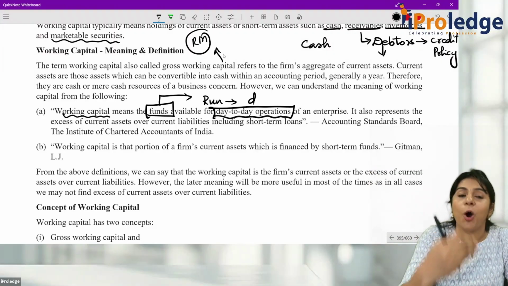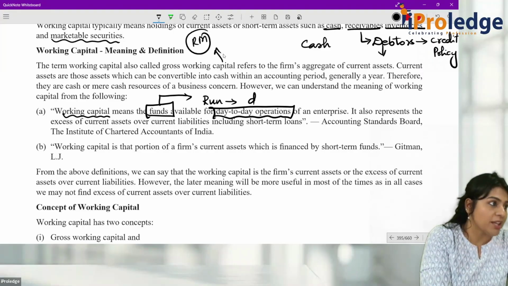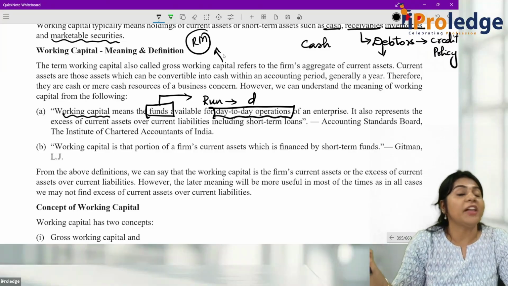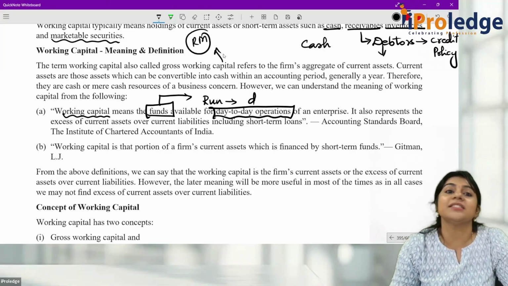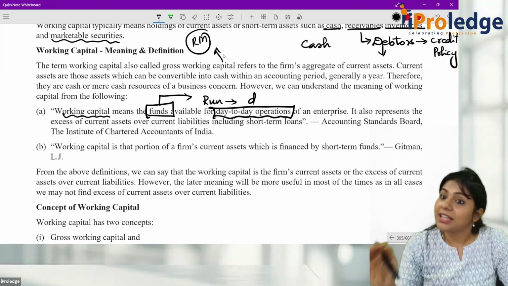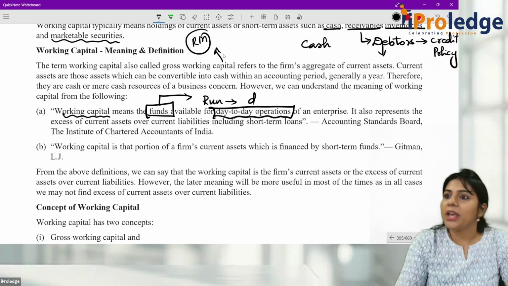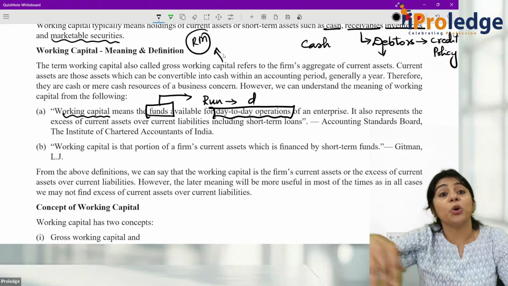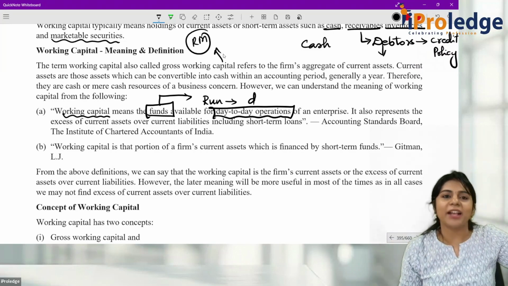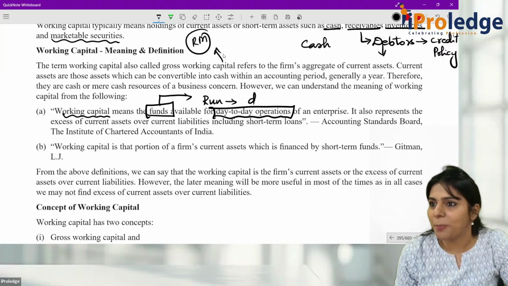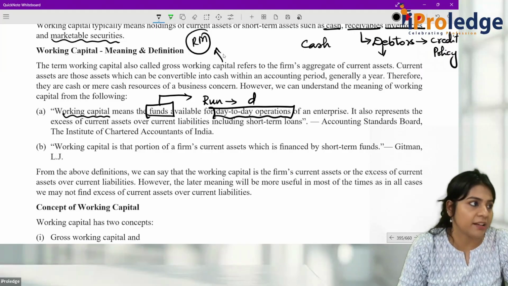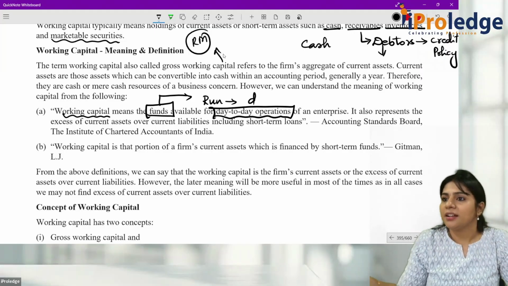So these are the kind of offers they very cleverly give to us. We don't realize what they are doing, but they are trying to build on their liquidity, or they are financing their own liquidity by collecting money upfront. That is one way. And another way is giving credit policies, giving more time. But that will hit my pocket because I have to depend on bank OD to run my business operations. So all this is like a balance you'll have to maintain to run your day-to-day activities of the company.